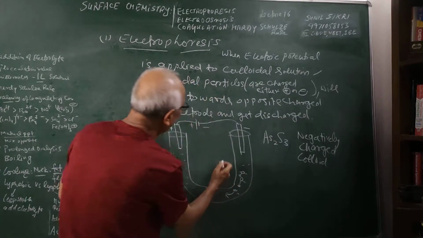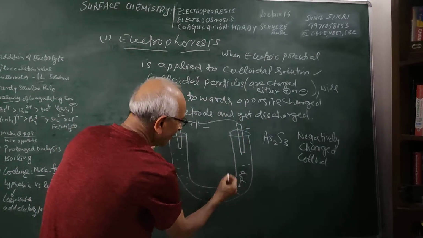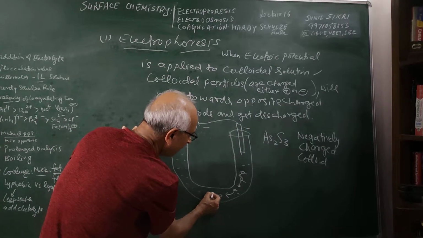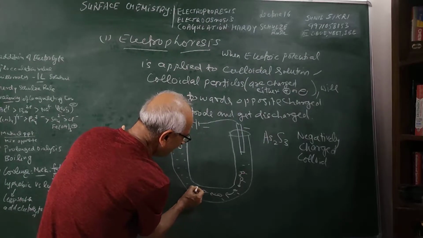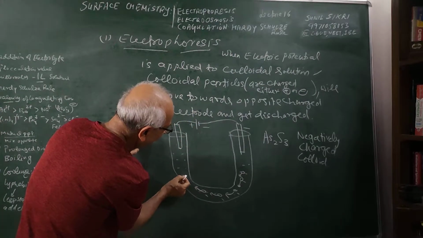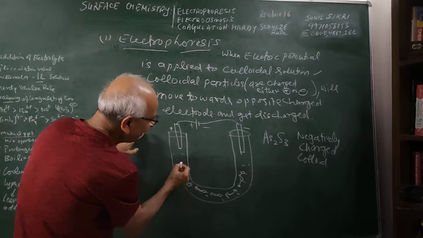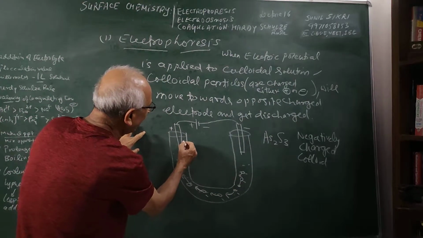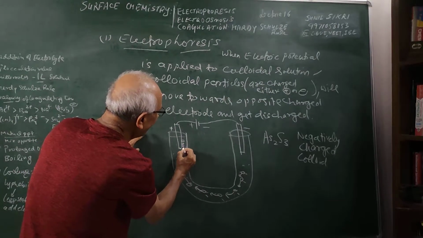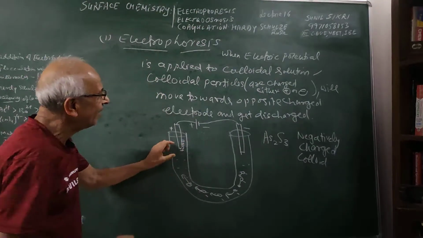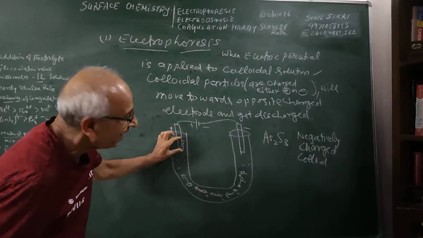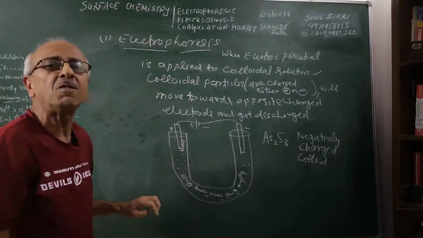Where will they migrate? When I apply an electric potential, negative will move towards positive. So these are all going to move towards the positive plate, these arsenic sulfide colloidal particles, and they will get discharged and accumulate at the positive plate.